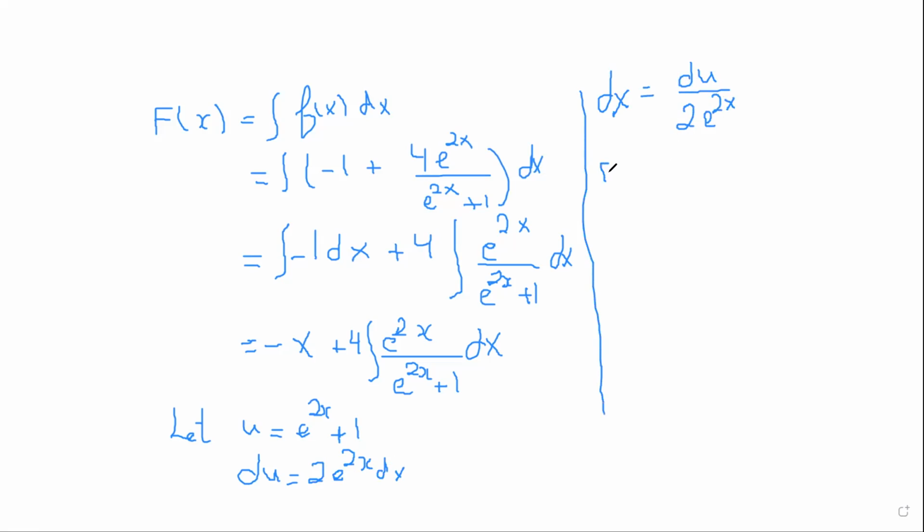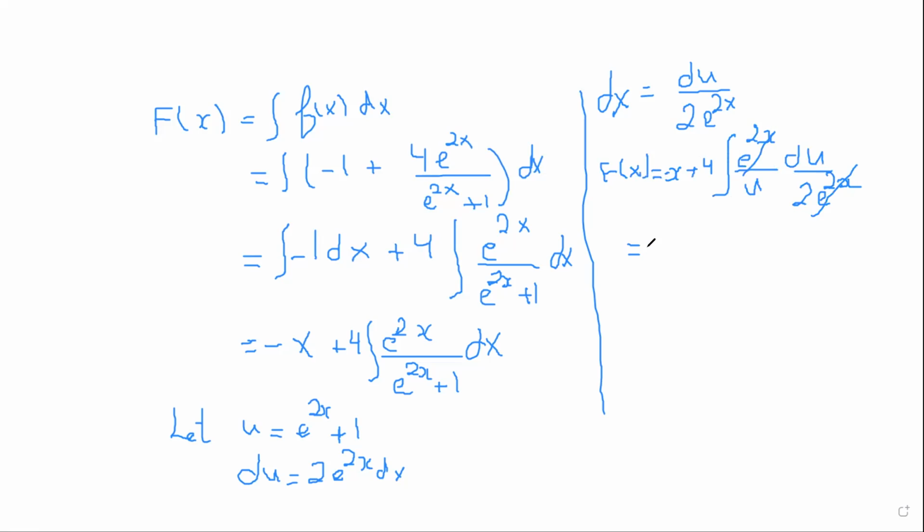So F(x) will be equal to minus x plus 4 integral of e power 2x over u times du over 2e power 2x. This and this simplify.